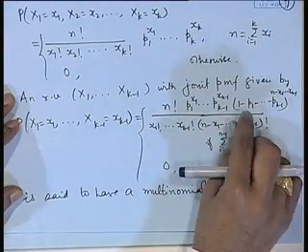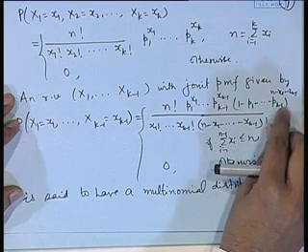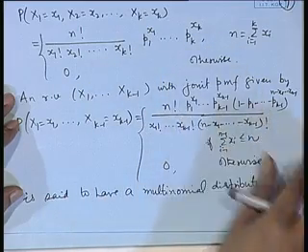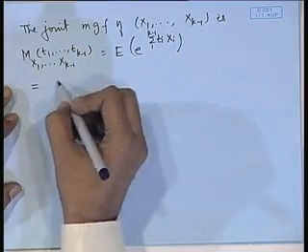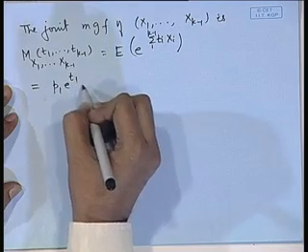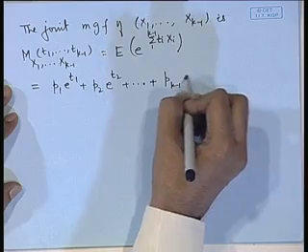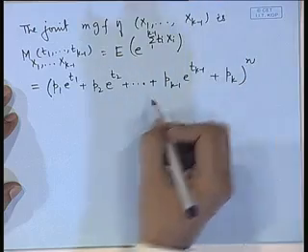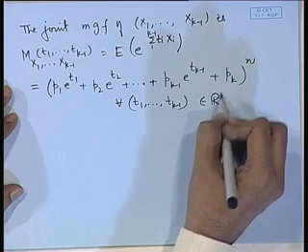The sum of this over all these combinations is actually a multinomial sum. So, if we calculate this term, it becomes p1 e to the power t1 plus p2 e to the power t2 and so on, plus pk minus 1 e to the power tk minus 1 plus pk, to the power n, and this is valid for all t1, t2, up to tk minus 1 belonging to R^(k minus 1).